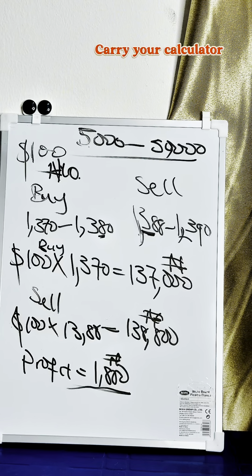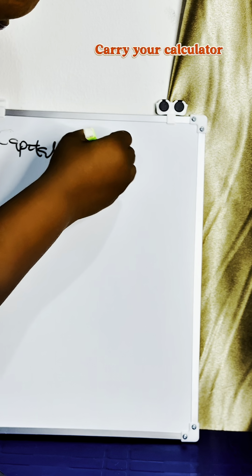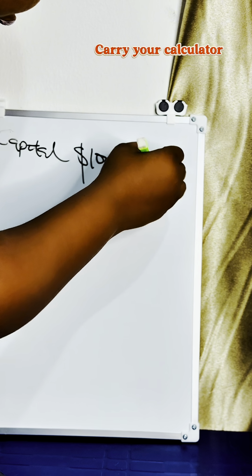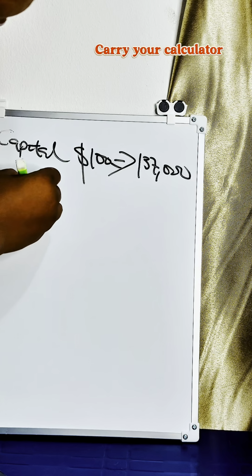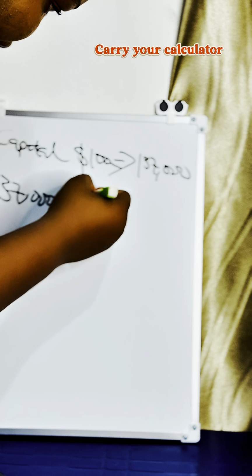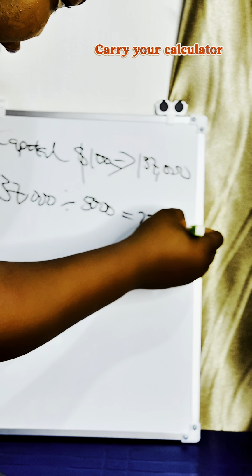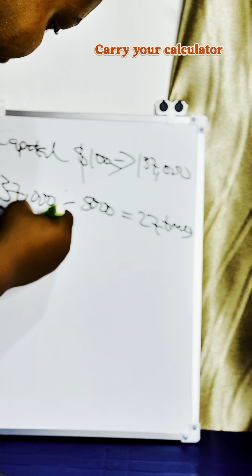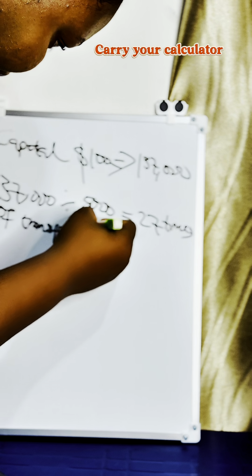Let's calculate this. 137,000, that is your naira capital, which is equivalent to $100. Divide 137,000 by 5,000, and you'll be doing 27 transfers when buying.